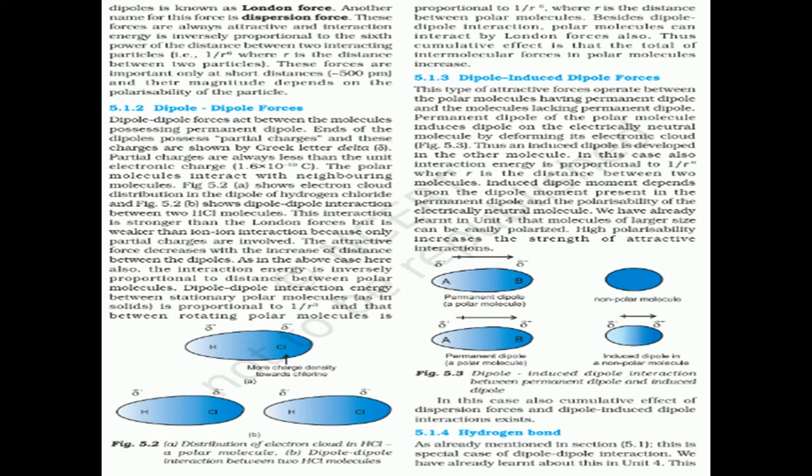So greater the dipole moment of the molecules, greater the forces of attraction. This effect was first studied by Keesom and is also referred to as orientation effect or Keesom forces. These interactions are stronger than London forces, but weaker than ion-ion interactions because of their partial charges.